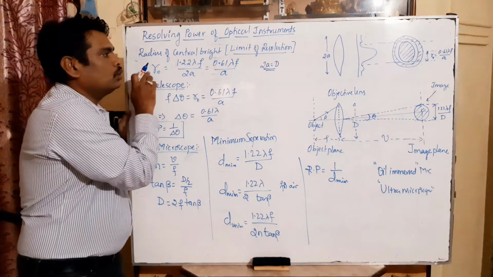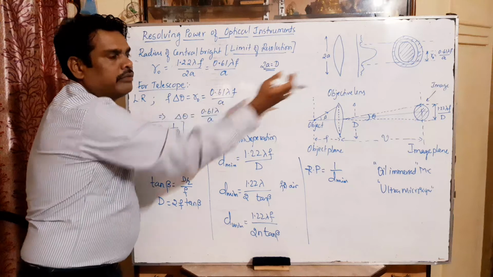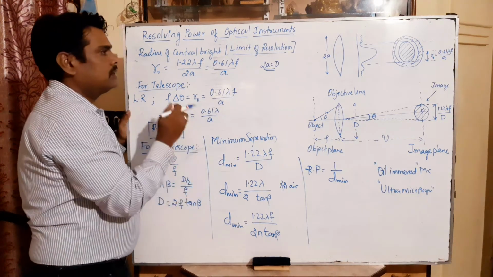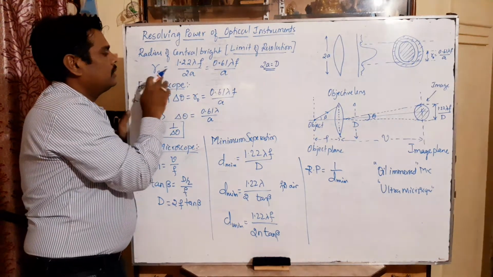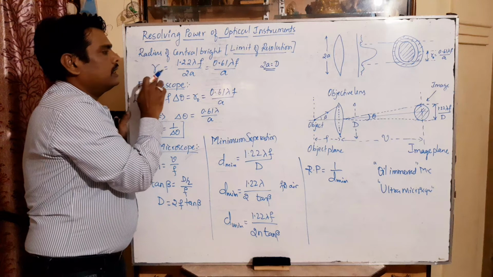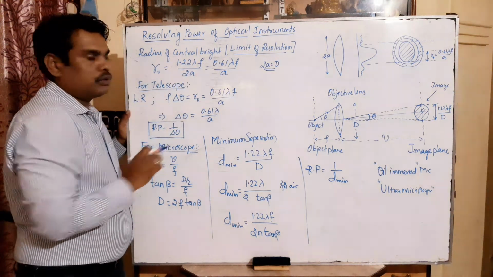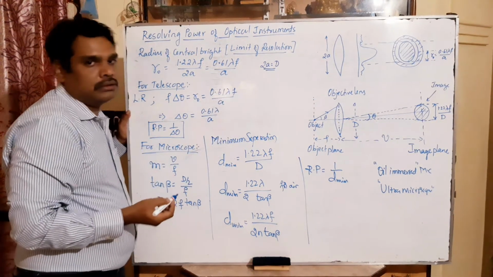The central spot we get after the image formation by the convex lens, the central maxima, has radius r0 equal to 1.22 lambda f divided by 2a. Technically, we name it the limit of resolution.